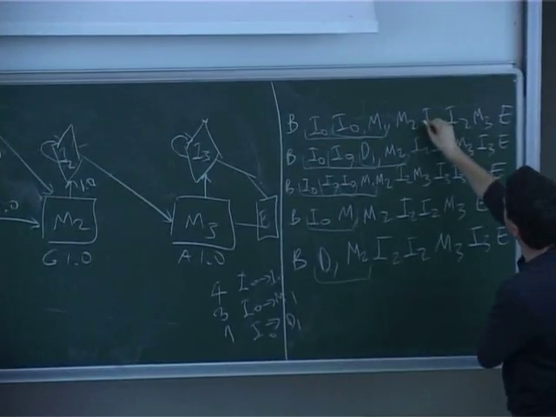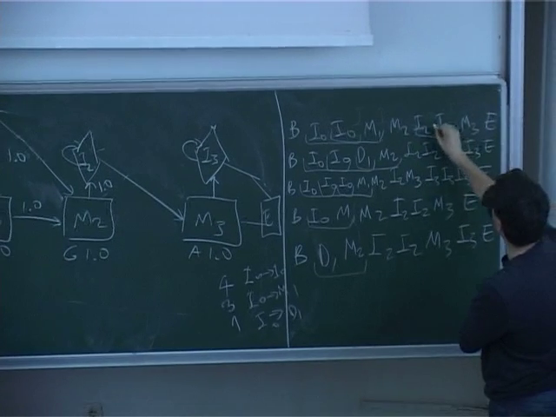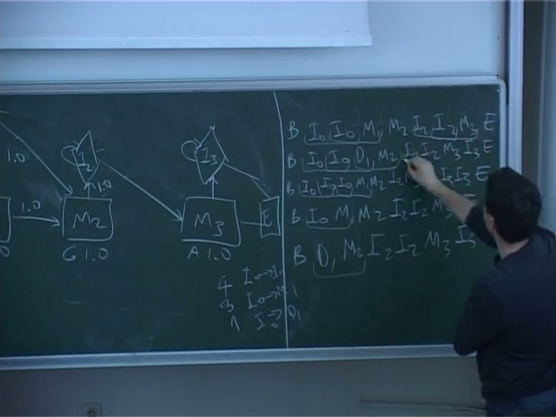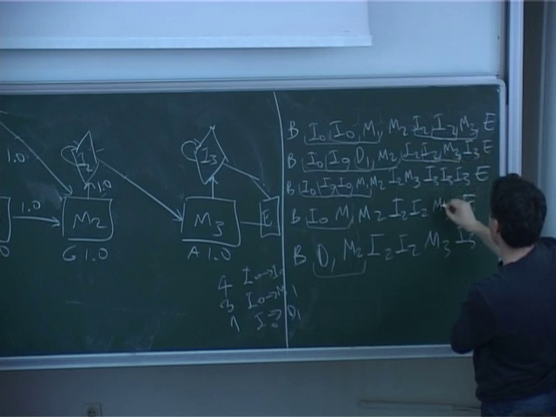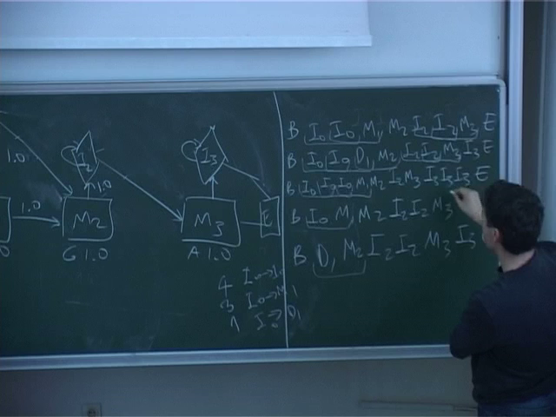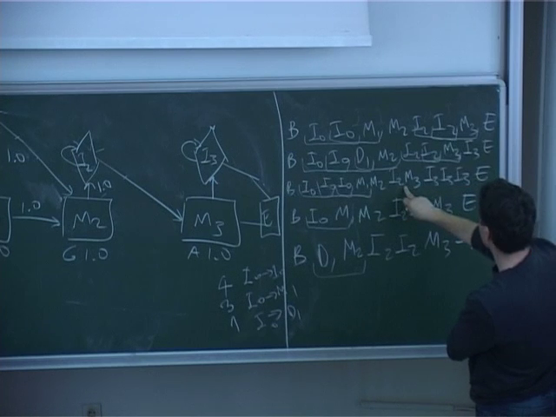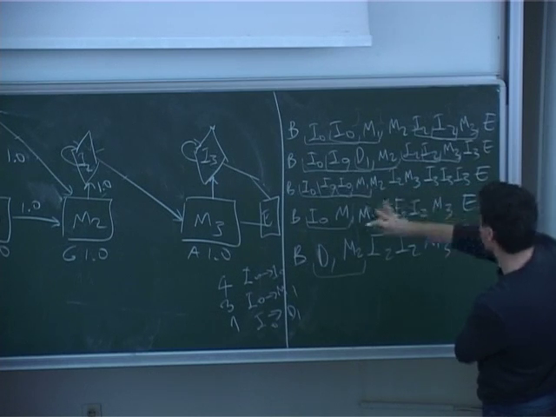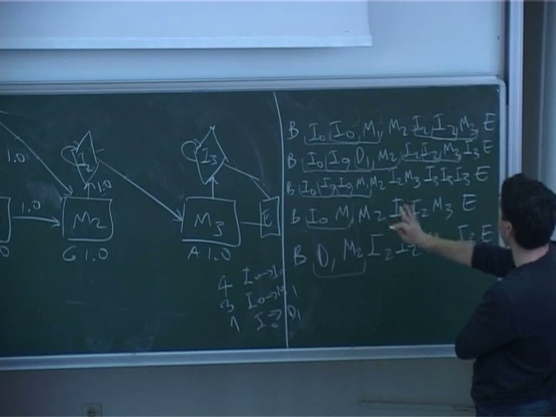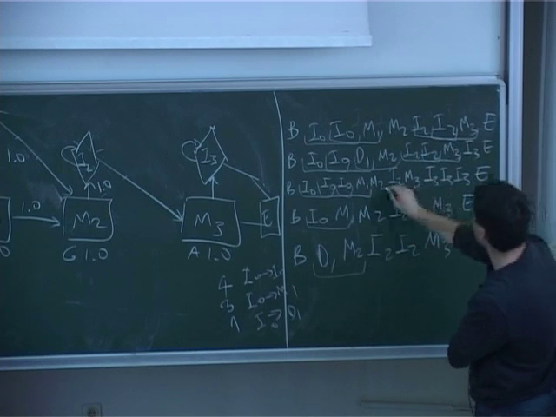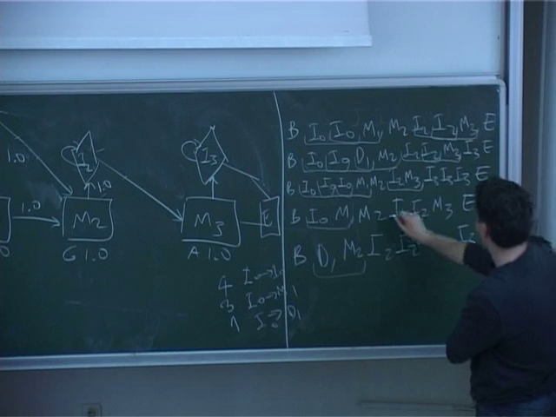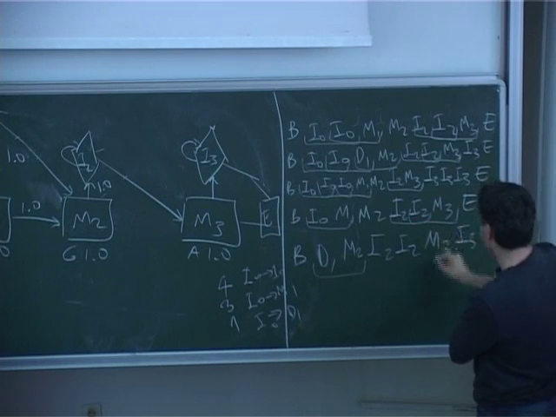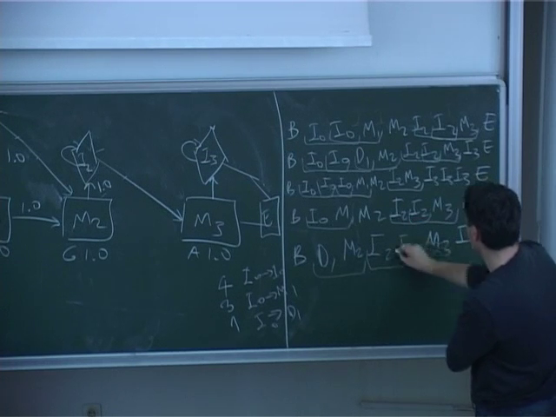We are going to count them 2 by 2. So I2 to I2, I2 to M3, I2 to I2, I2 to M3. Sorry, should it be I3? Oh, no, we are in I2. Yes, we are in I2. I2 to M3, I2 to I2, I2 to M3, I2 to I2, I2 to M3.